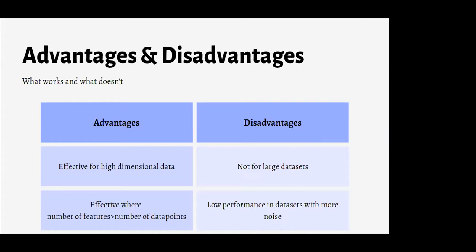So it's not time efficient, and SVM is not generally used for large data sets. It also has low performance in data sets with more noise. More noise as in more overlap: the target classes are overlapping, and thus we can't find the proper boundary that distinguishes both the classes. So those are two disadvantages of using SVM.